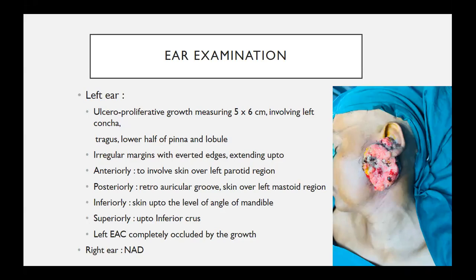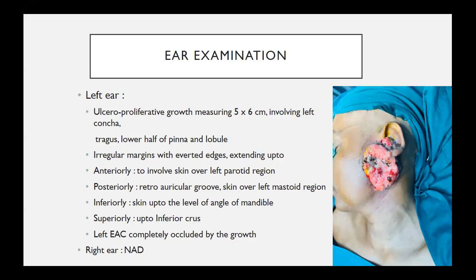So should I go ahead with the ear examination? Yes, please. On ear examination of the affected left ear, I noticed an ulceroproliferative growth measuring about 5 by 6 centimeters involving the lower half of the left pinna, left concha, tragus, and lobule, extending posteriorly to the mastoid area and anteriorly to involve the left parotid region.